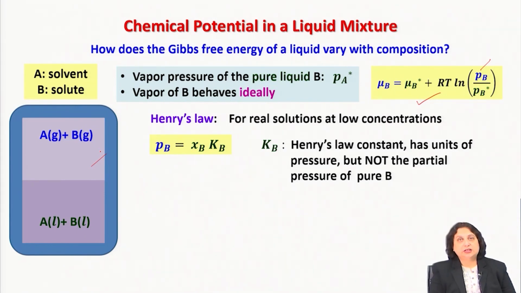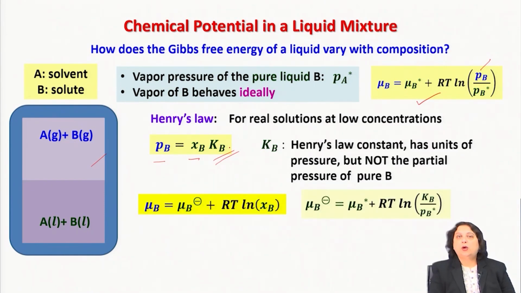Or in other words, it was found that PB is proportional to XB, no doubt, but this proportionality constant, unlike Raoult's law, is something else, and this is known as the Henry's law constant.